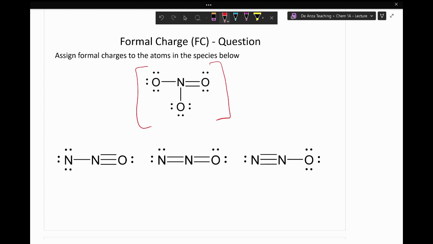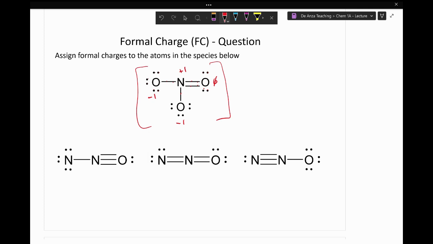But effectively, this oxygen usually wants 6 electrons because of its number of valence electrons, but it has 1, 2, 3, 4, 5, 6, 7. So this is a -1. This oxygen has the same thing, 7 electrons that it owns, so that's -1. This oxygen has 1, 2, 3, 4, 5, 6, so that's 0. And this nitrogen has 1, 2, 3, 4, so that's +1.